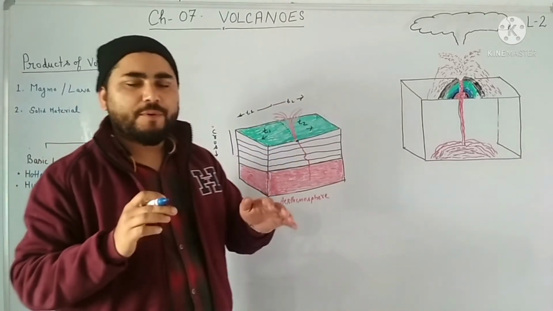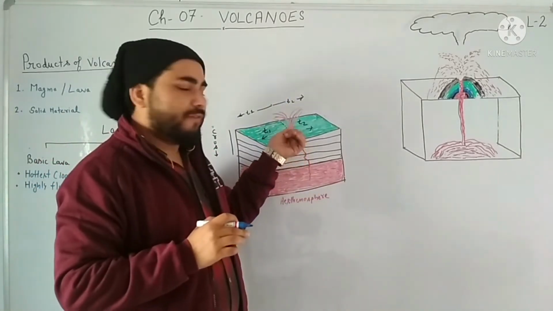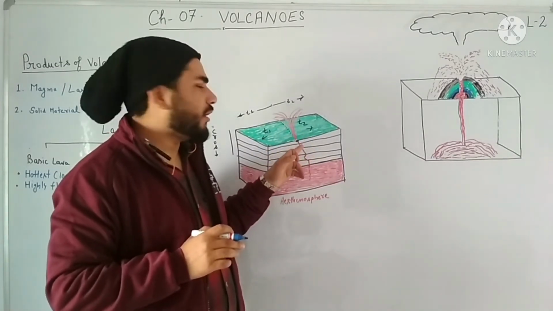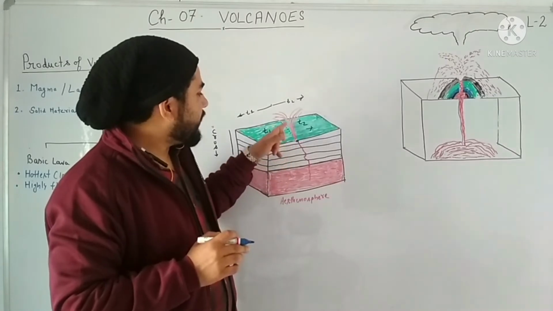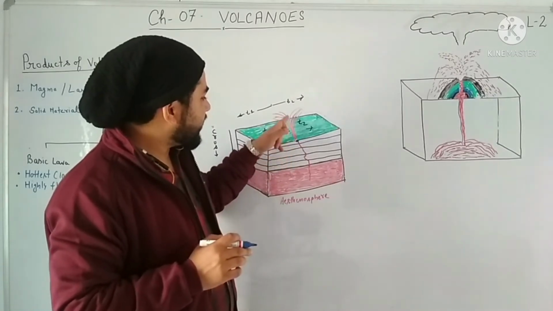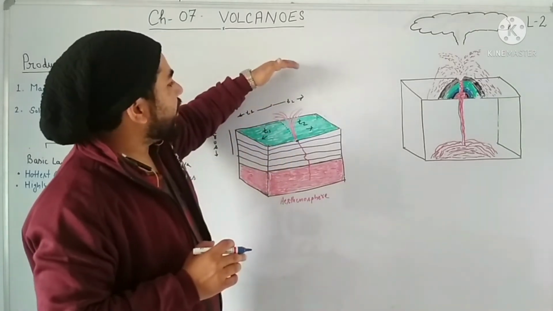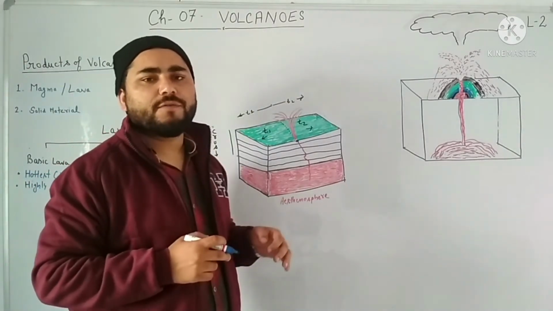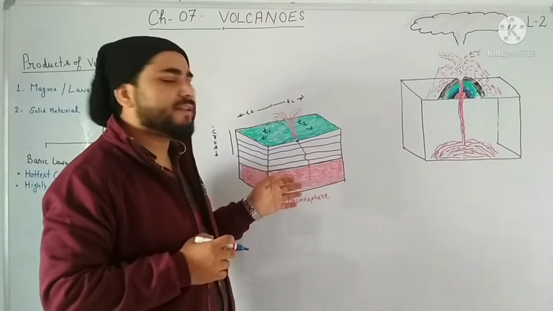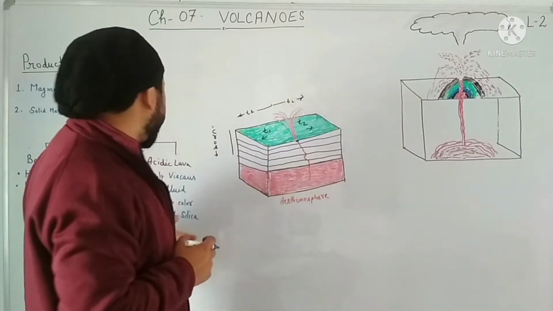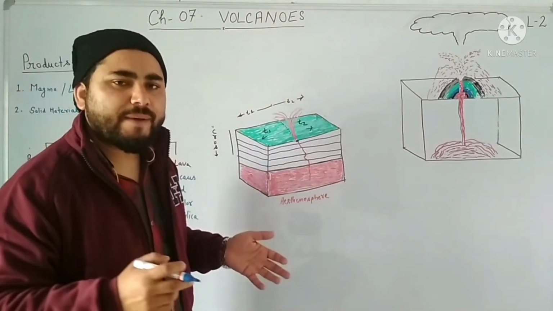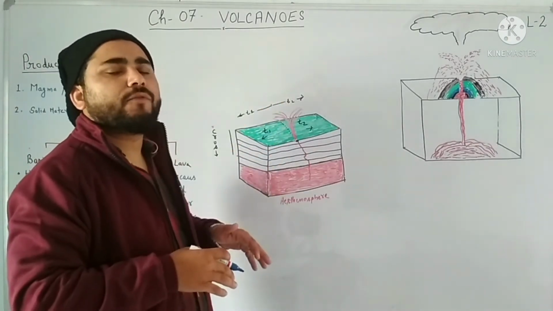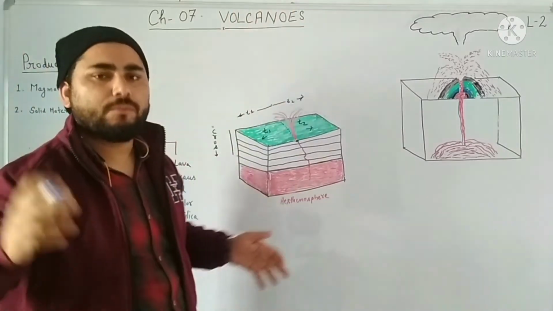So when it keeps depositing around the vent only, vent meaning the opening of the volcano, then what will happen? This material will be deposited there, then again eruption will take place, and a very high cone will be formed, because of the frequent eruptions and the deposition of this acidic lava on the nearby ground. This leads to the formation of a very high dome.